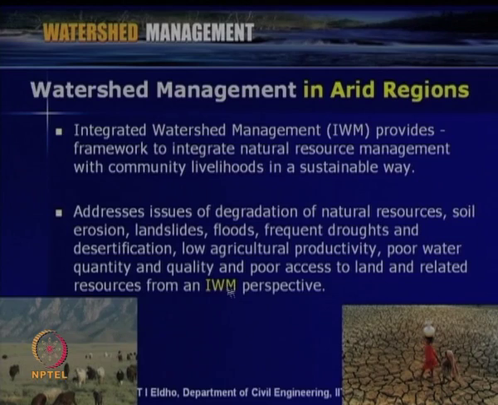Most of the things we discussed involve integrating various aspects of watershed management. If we can integrate land related, water related and people related aspects, we can have better watershed management plans for arid regions.